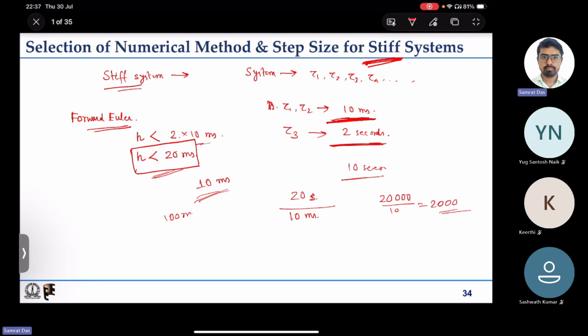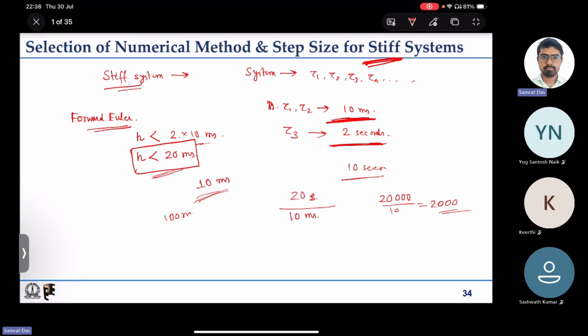So that is the impact, that tells you that you have to evaluate the time constants of the system. If you want to use forward Euler, you have to use a time step which is lower than at least 1/10 of the slowest time constant.